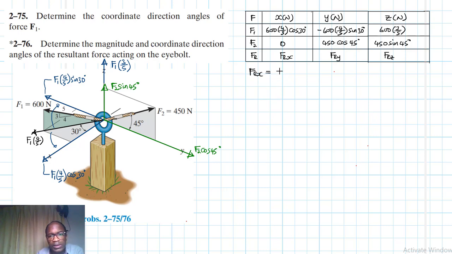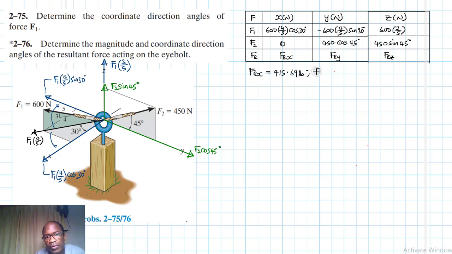So this gives us 415.69 newtons. Okay, cos 30 times 600 times 4 divided by 5, 415.69, great.